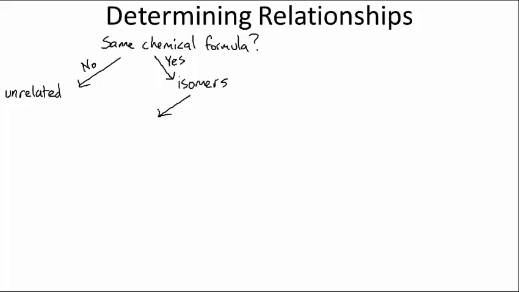So if they have different connectivity, then we call them structural isomers or constitutional isomers. And if they have the same connectivity, we call them stereoisomers.